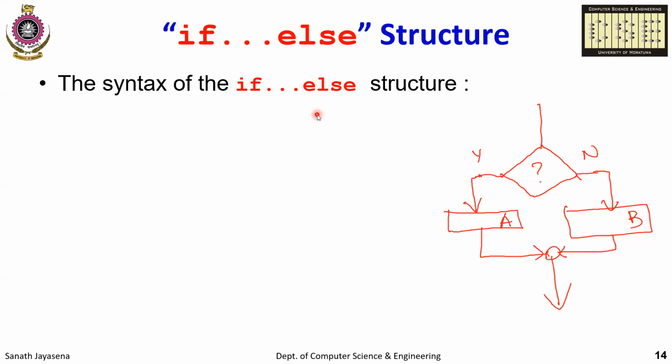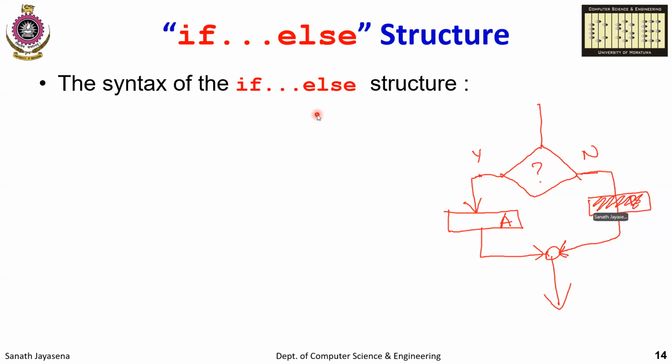But in the previous part, we looked at the if structure only. The if structure means you can actually remove this and simply do something like this, where whatever we had as B can be nothing, nothing to be done. So we can simply remove that.